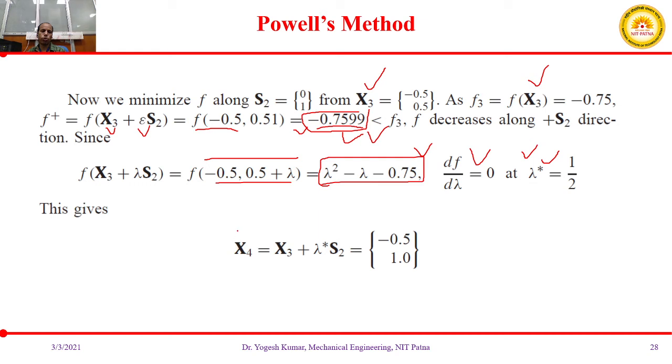So this will give you the next value, x4, which is x3 plus lambda s2. So x1 is 0.5 and x2 is 1.0. Up to x4, I hope all of you are able to understand.